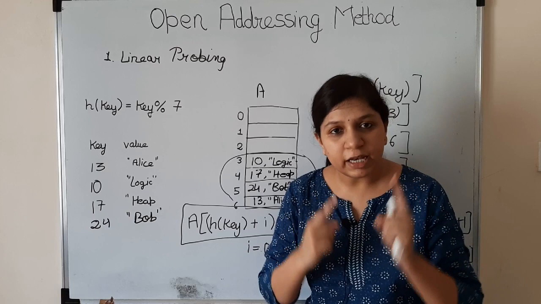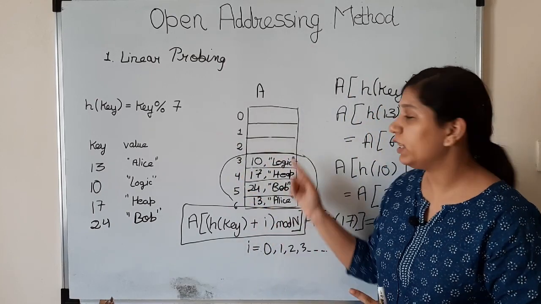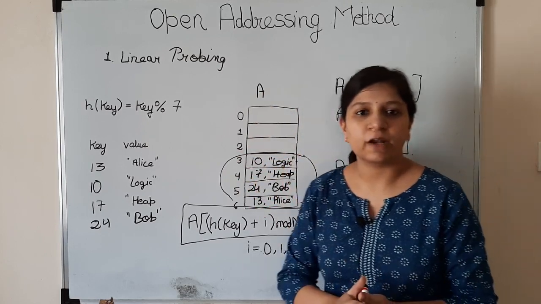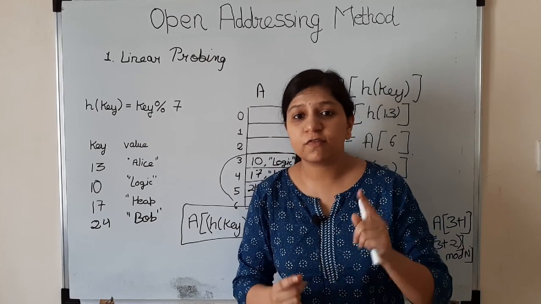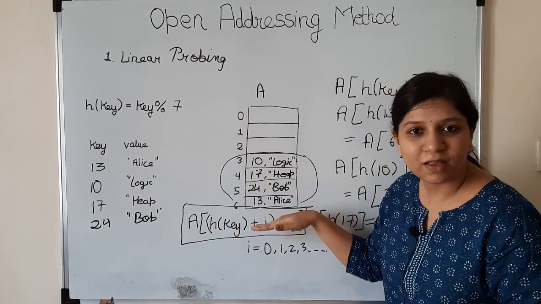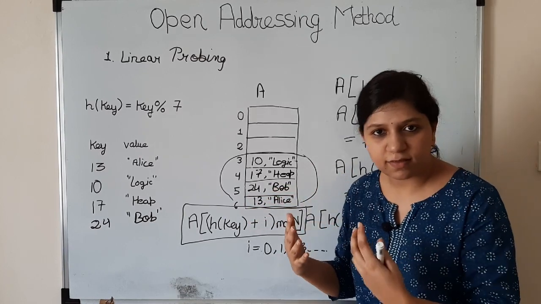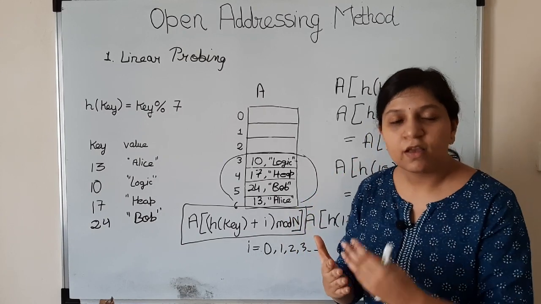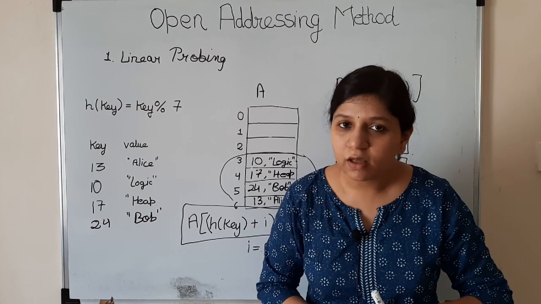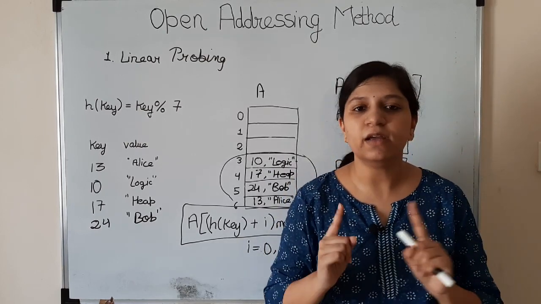So in linear probing, the problem is this clustering of values, while this is completely empty and this place is occupied. When you do the search, this search is going to be longer. As the clustering increases, your search becomes slow because you are looking at so many values. So that's the problem with linear probing, primary clustering.